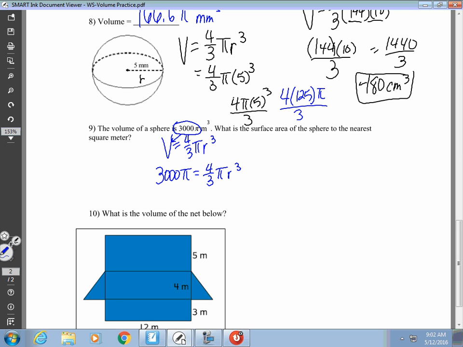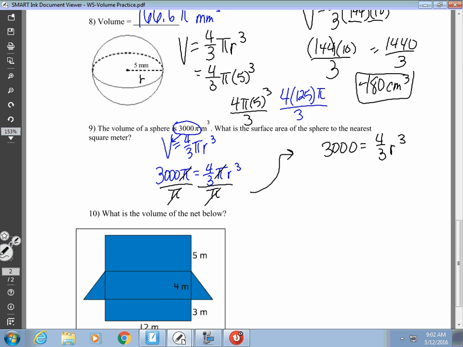We need to find the radius. First thing, I'm going to divide by pi, which gets rid of the pi. I have 3,000 left, and it's equal to 4/3 r cubed.